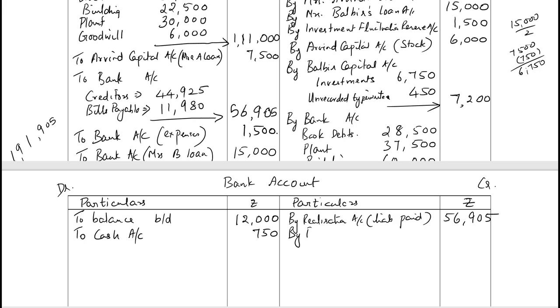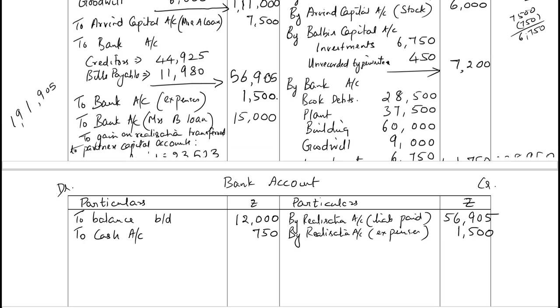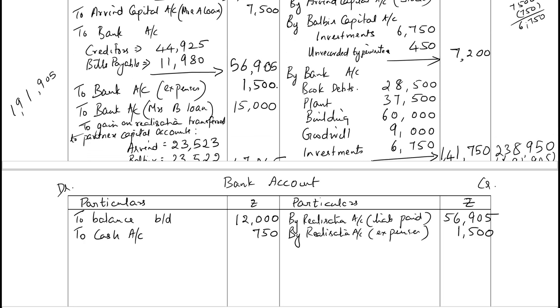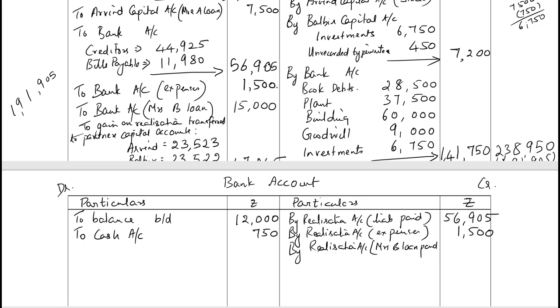Expenses paid by realization account, for the expenses, 1,500 rupees. Payment of Mrs. Balbir's loan by realization account, Mrs. B loan paid, amount 15,000 rupees.